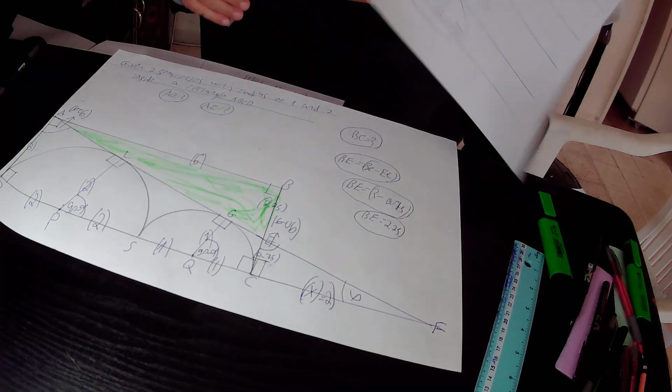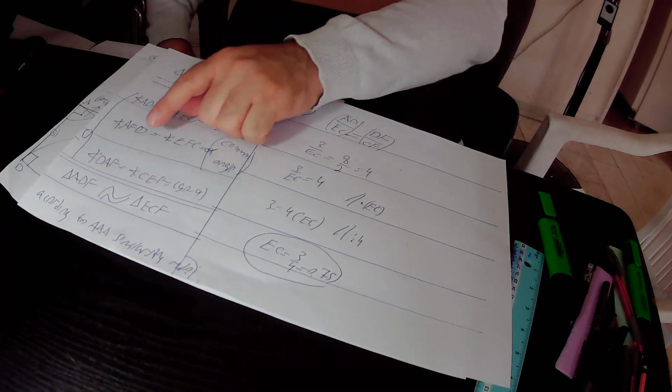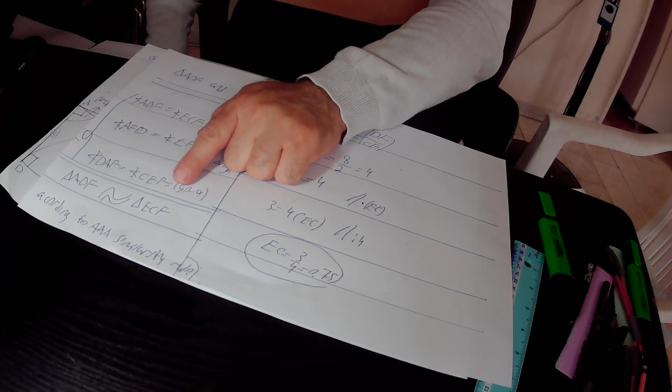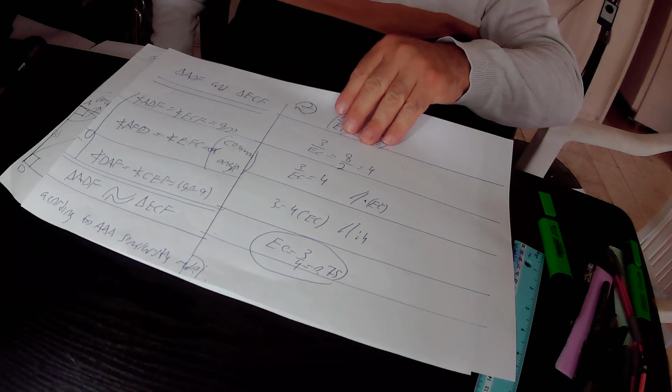So again, I should have found out that the big right triangle ADF is similar to the small right triangle ECF according to the angle similarity rule.